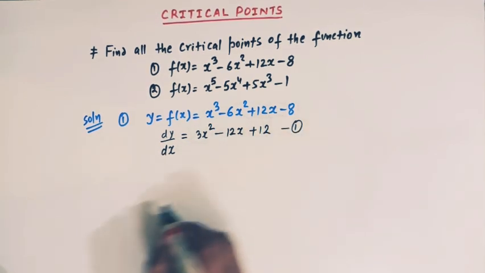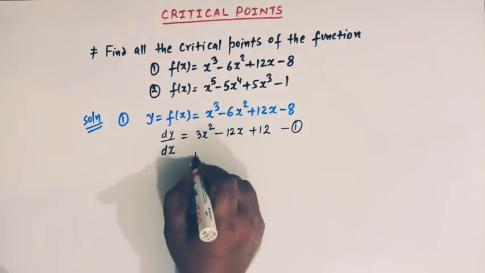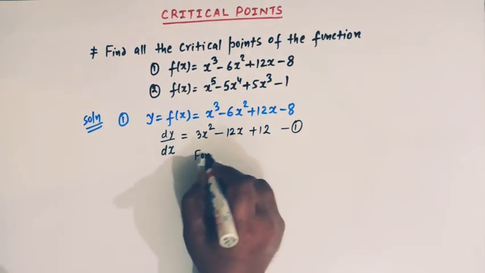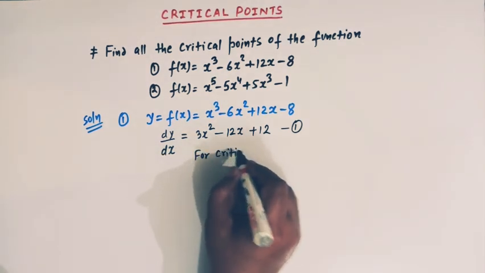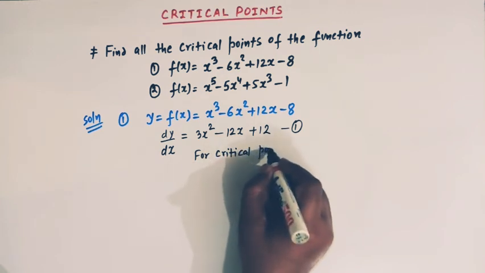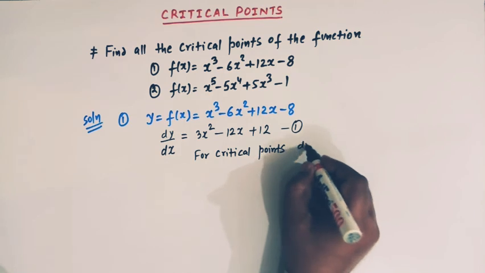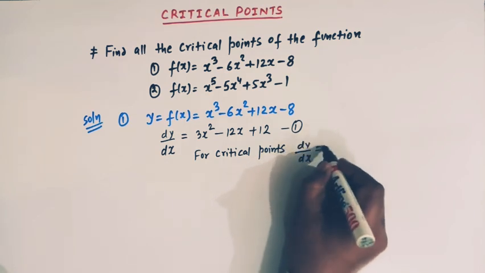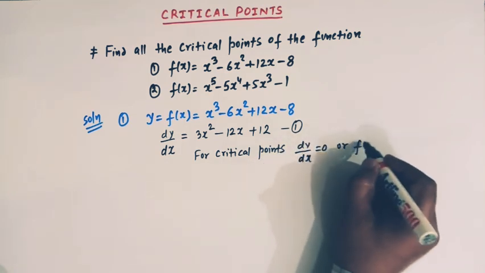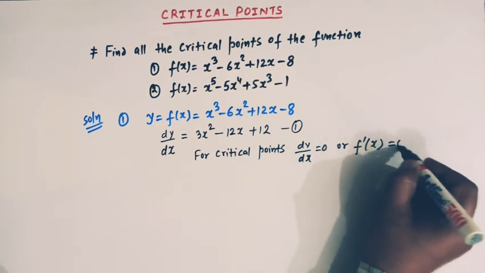Now in order to obtain the critical points, we write here for critical points the derivative must be equal to 0, dy over dx is equal to 0, or we can also write f prime of x equal to 0.